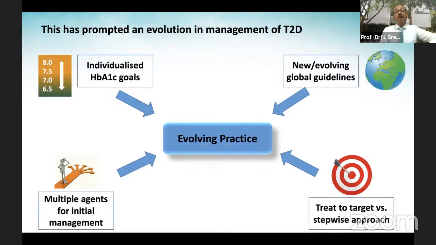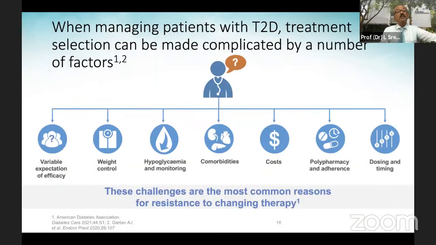So this has prompted evolution in the management of diabetes with individualized A1C goals, evolving guidelines, treat-to-target options, multiple stepwise approaches, and multiple agents with initial management. And this is what is required for all of us to know, that these evolving guidelines and evolving practices are important.